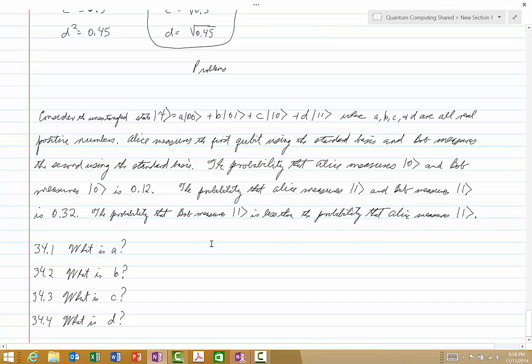And I will say that this is necessary information if you want to actually solve with certainty for A, B, C, and D. And it's an interesting problem to see why that last piece of information is necessary, but I don't want to say any more because I don't want to give this away.